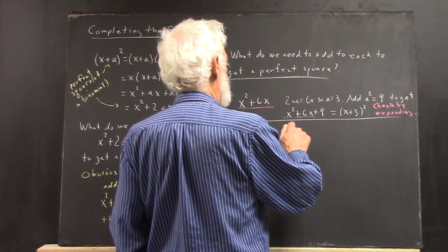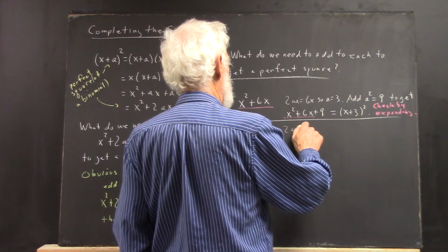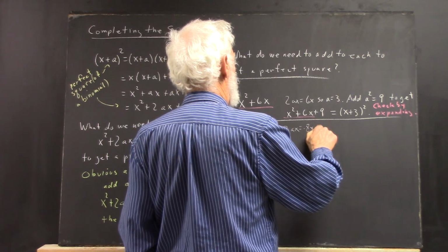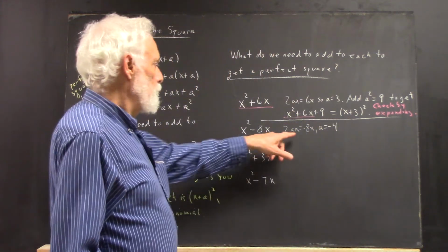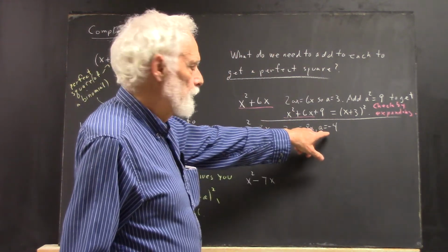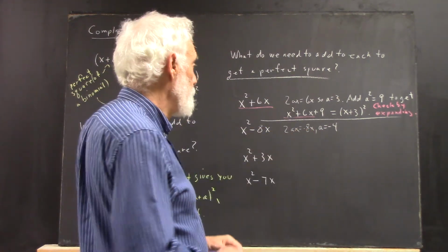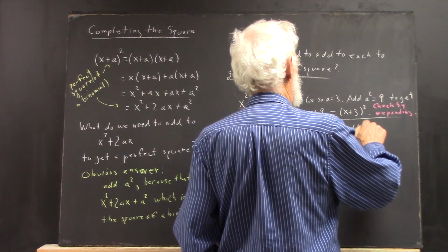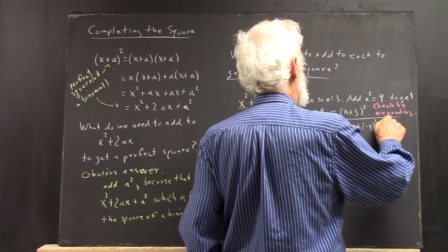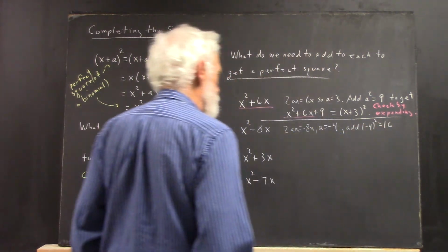So here, now just kind of shortcutting it, well, I'm going to write it out. I just want to reinforce it. 2ax equals negative 8x, a equals negative 4. Add negative 4 squared, 16.